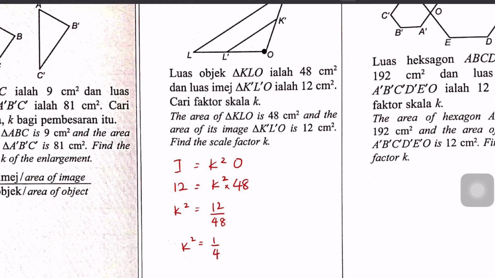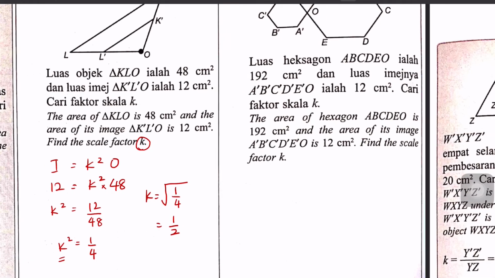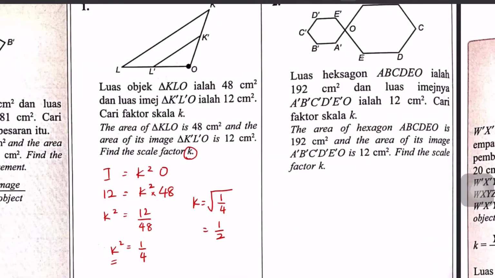The question asks for k, not k squared. So k squared, you bring to the other side, will become square root. Square root of 1 over 4, so our k value is 1 over 2. Simple, right?